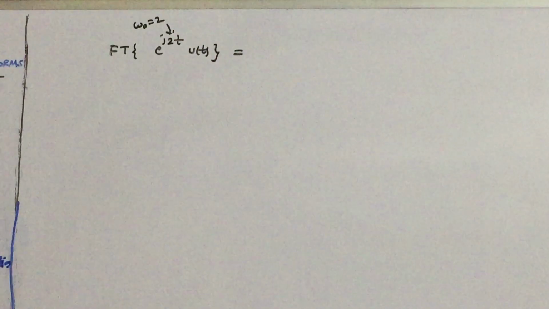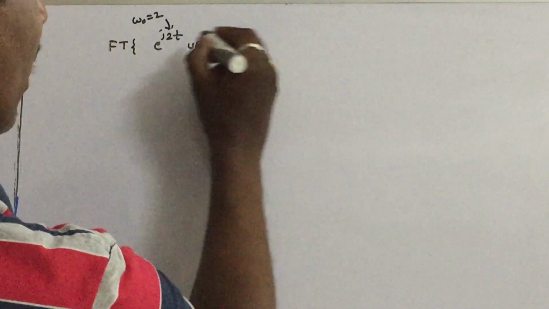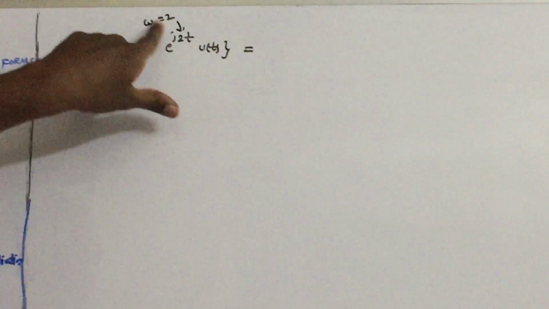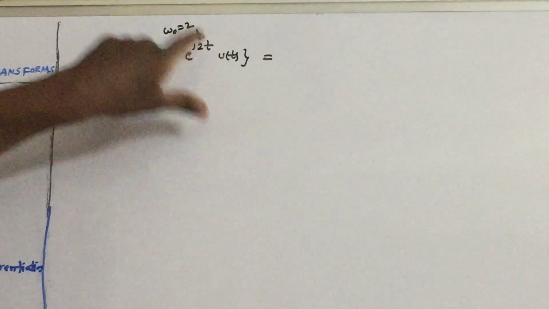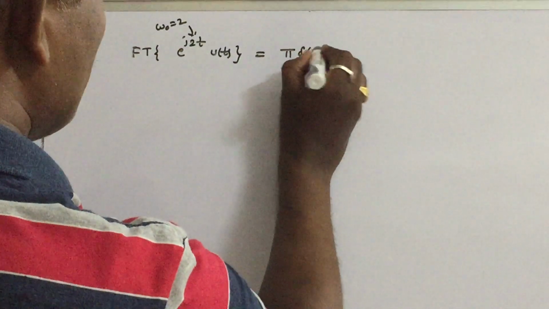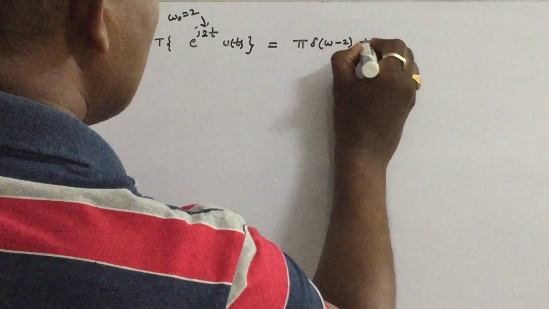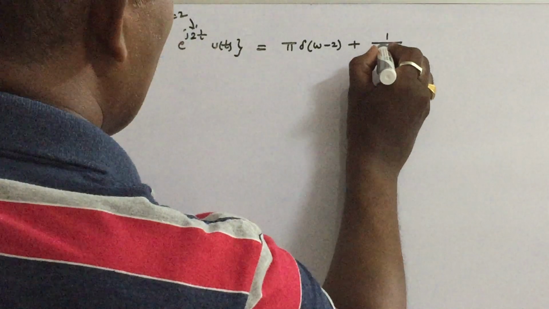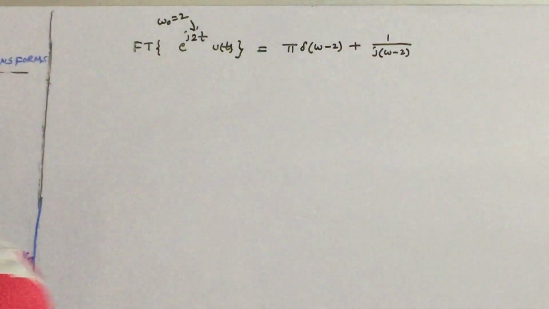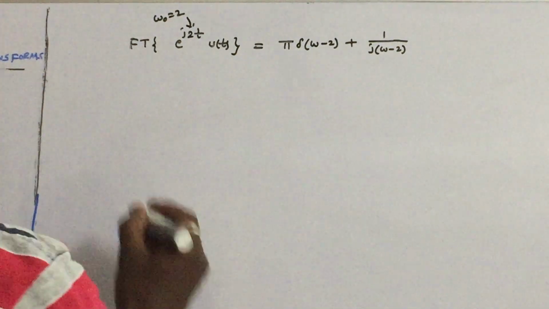So in the Fourier transform of u of t, just replace omega by omega minus 2. That is what we are doing: pi into delta of omega minus omega naught, which is 2 here, plus 1 by j times omega minus 2. Omega is replaced by omega minus omega naught. So this is the answer for this very simple question.